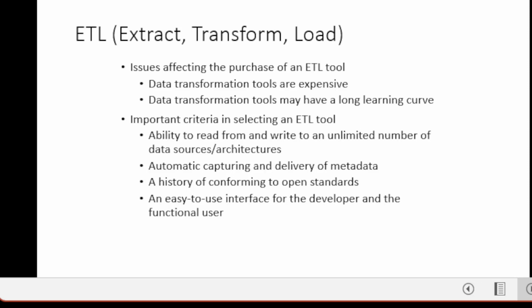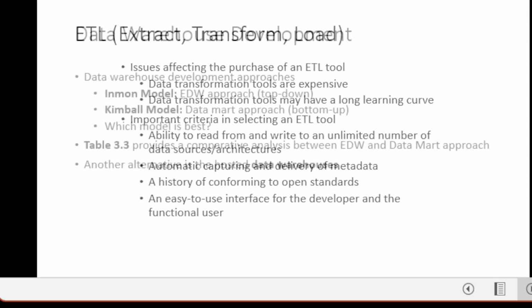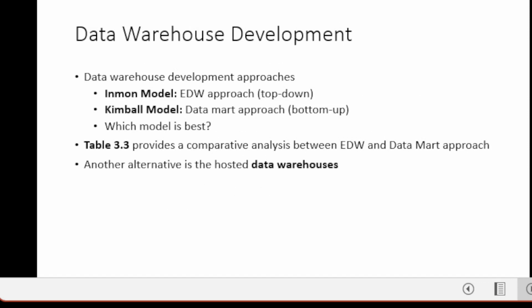So important criteria in selecting an ETL tool will be the ability to read from and write to an unlimited number of sources, how we could automatically capture and deliver metadata, not just data but also metadata, and the history of conforming to open standards like XML rather than using legacy systems, and an easy-to-use interface for developers and functional users.